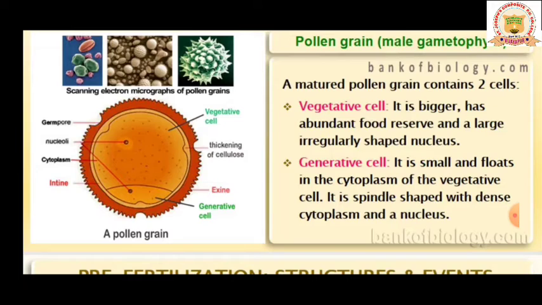The next part is your generative cell. The pollen grain contains two cells, one is the vegetative cell, another is the generative cell. The generative cell, compared to the vegetative cell, is smaller in size and floats in the cytoplasm of the vegetative cell. Whatever cytoplasm is present in the pollen grain contains two cells, the vegetative cell and the generative cell.